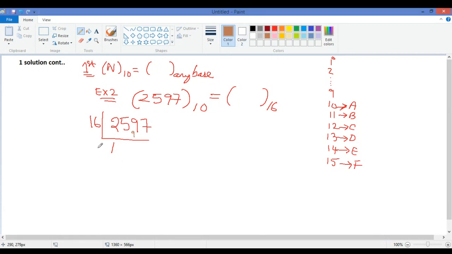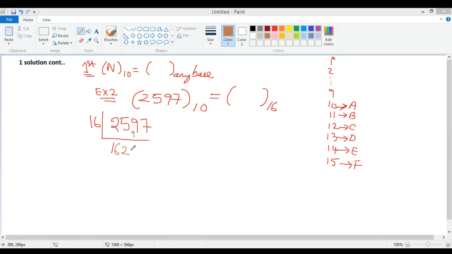So 16 goes 162 times. 16 into 162 is 2592. So what remainder do you get?